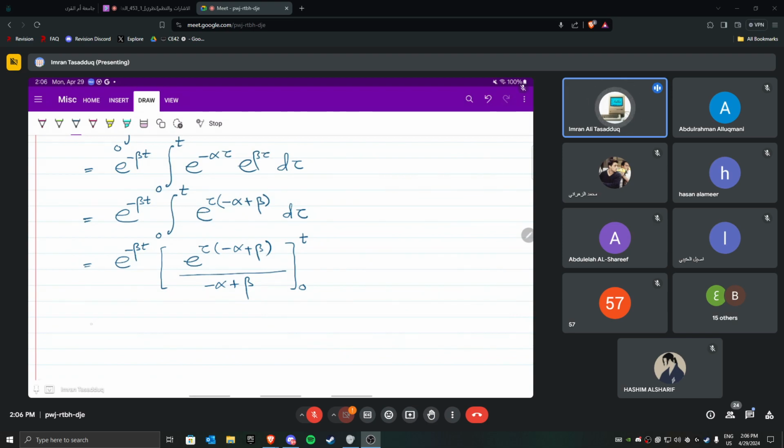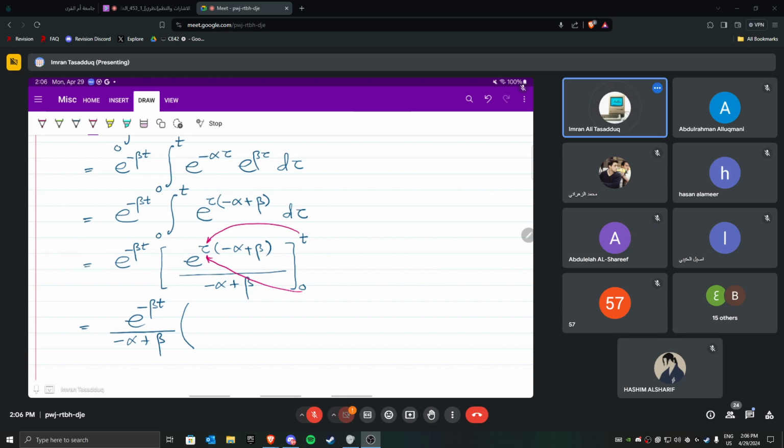Okay, and then this is equal to e to the power minus beta t divided by minus alpha plus beta, and inside, in place of tau, whenever you apply the limits, this t will be put in place of tau, and this 0 also will be placed in place of tau.